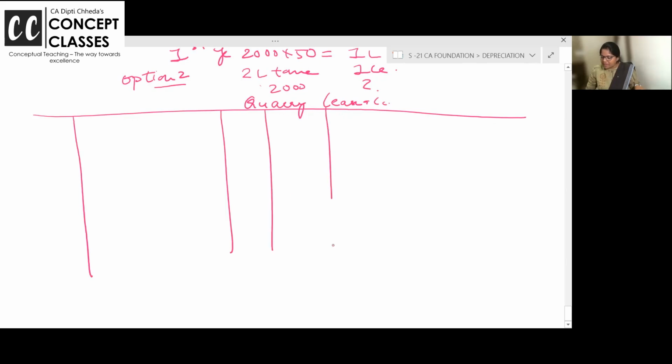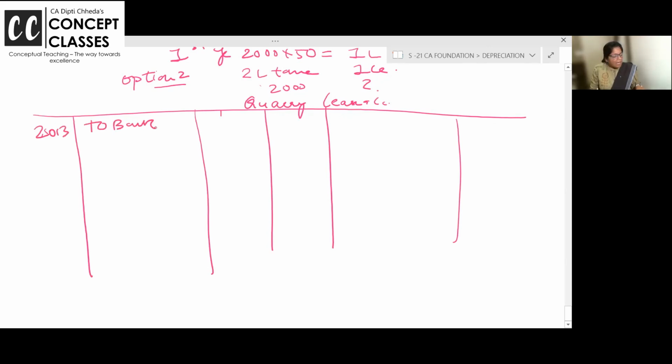Date, particulars, amount, and date, particulars, amount. Yes, first year, 2013, you have just paid through bank and taken it on lease for 1 crore. In the exam you have to write all the zeros. For now I am skipping.